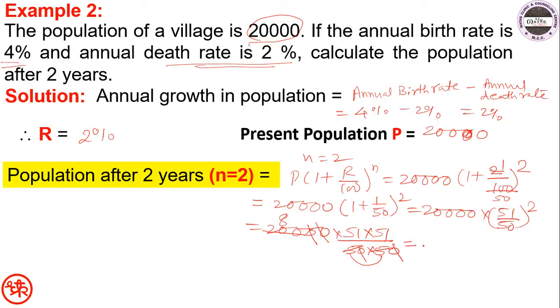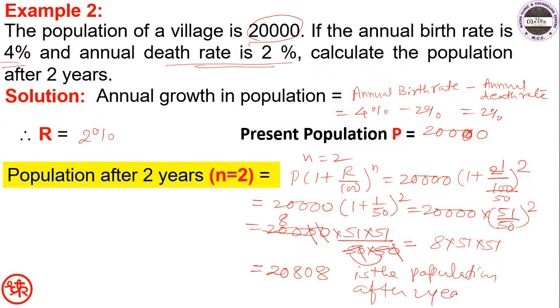Okay, so it is equal to, what is the final answer? 8 into 51 into 51, and that is equal to 20,808. 20,808 is the population after 2 years.